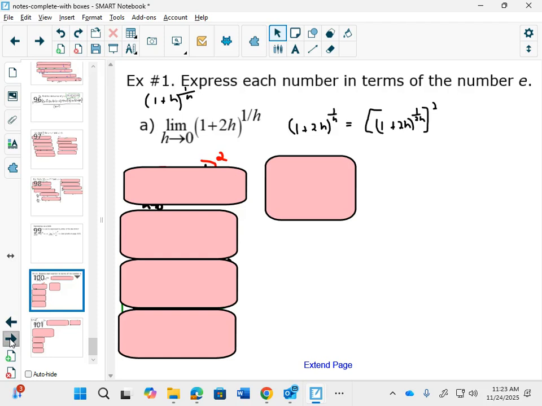We try to make it look like this. To look like this, you have an h inside and a 1 over h there. So I have a 2h inside, so I get a 1 over 2h in the top. And in order to get that 1 over 2h, I'd have to square it to cancel it out.